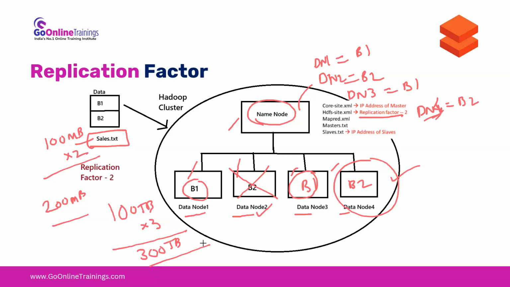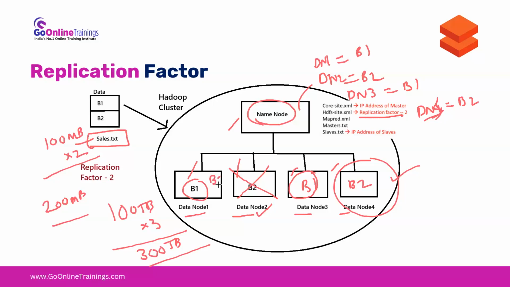If the second machine also does not work, then you're going to be giving the work to machine number 3, wherever the data is available. Clear? So there are some rules here. You can have block 1 and block 2 in the same node itself, but the same block cannot be there in the same machine. For example, block 1 is there, and I need to create a block 2.